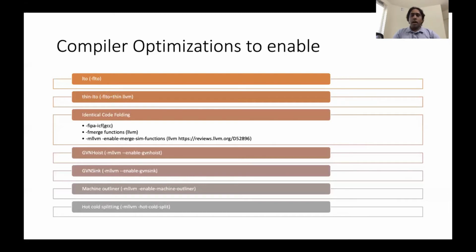The third one is identical code folding. There are many different variations of this. In GCC, it is called FIPA ICF. And in LLVM, there is an optimization called merge function. And there is one more in upstream LLVM which has not been merged, but if you have a compiler team, I would encourage you to try them out. It will reduce the code size by quite a bit as well.